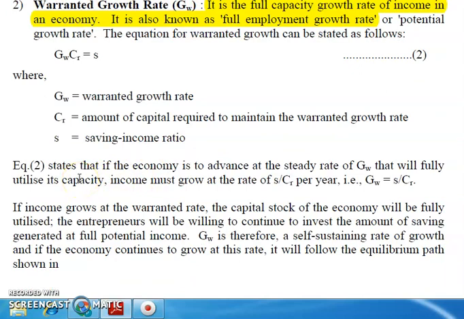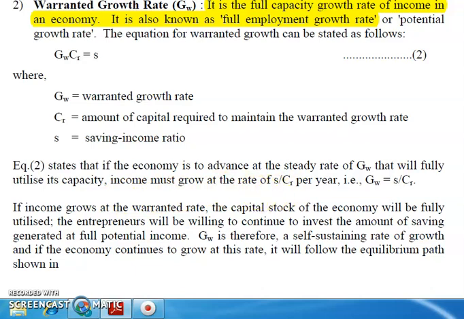Equation 2 states that if the economy is to advance at the steady rate of GW that will fully utilize its capacity, income must grow at the rate of S by CR per year.